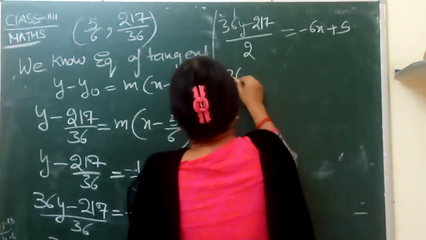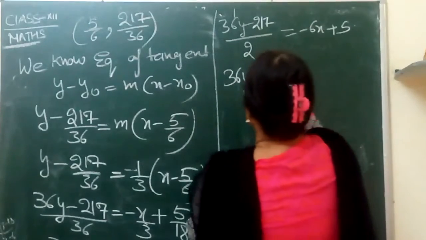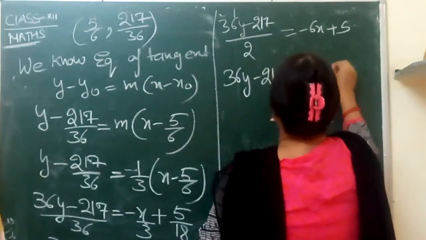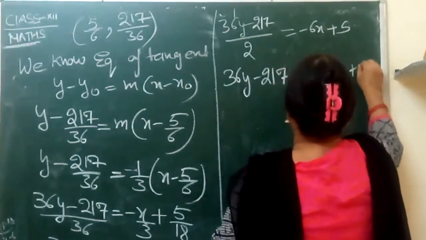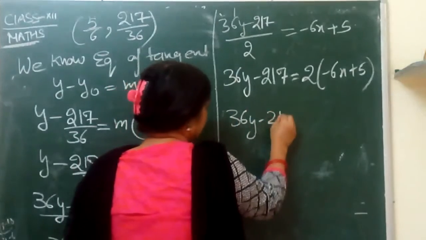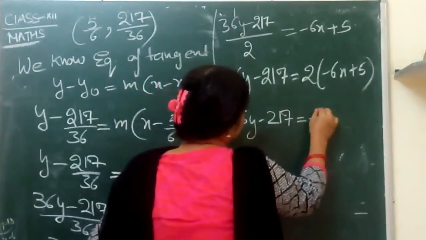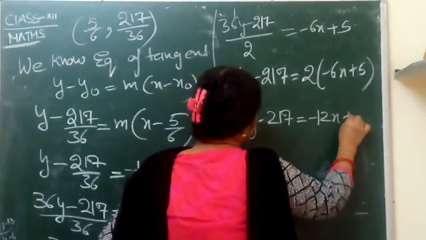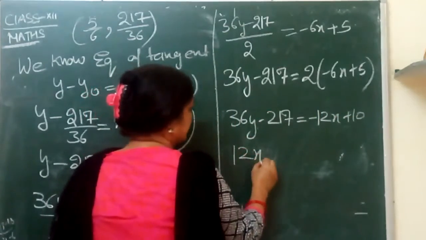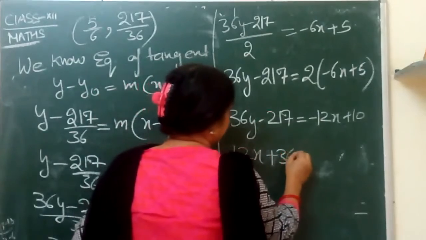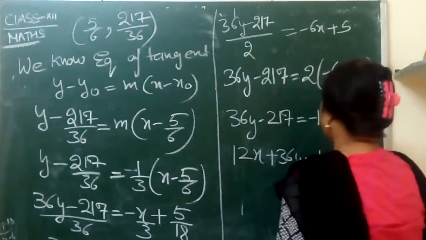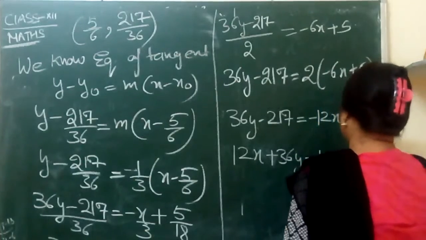Now 36y minus 217, multiply 2 here, equals minus 6x plus 5. Then 36y minus 217 equals minus 12x plus 10. After that, transfer this 12x here plus 36y, and transfer the term 10 and plus 217.